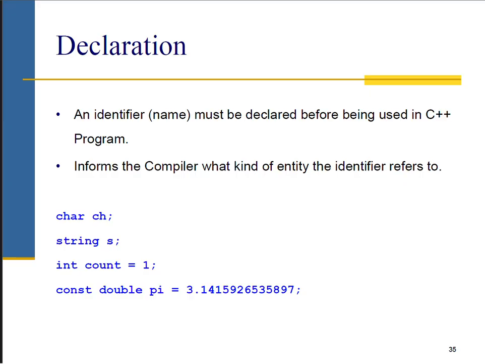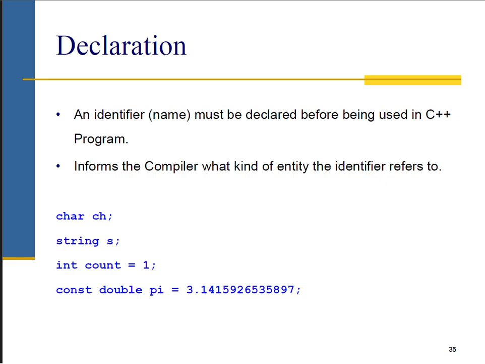So now declaration. The identifier must be declared before being used in a C++ program. It informs the compiler what kind of entity the identifier refers to. So char ch tells that ch is a character, and string s tells that s is a string.